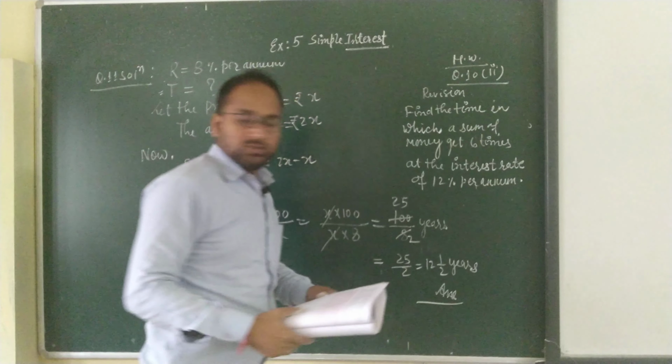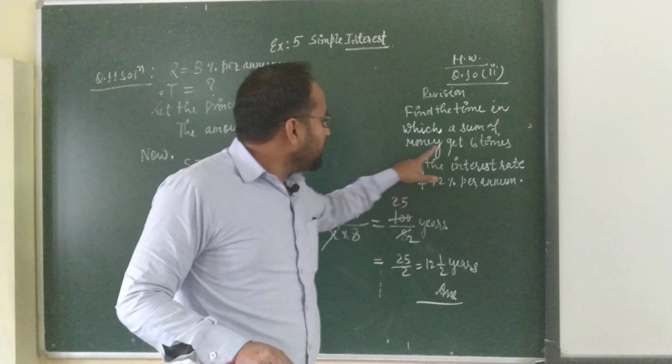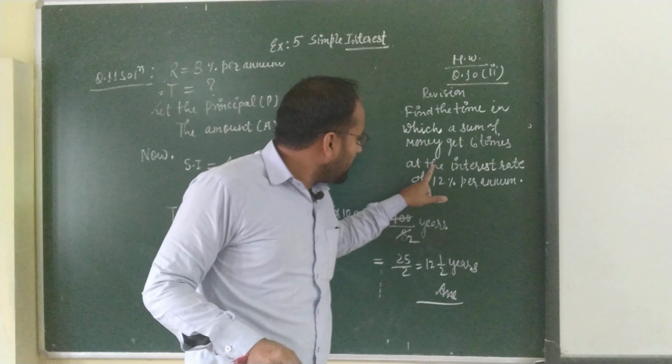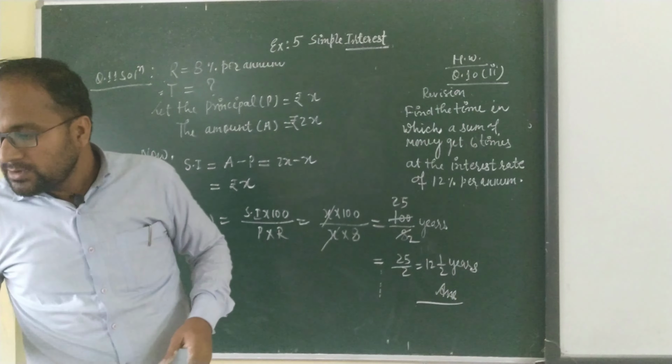So this is your question, students. Find the time in which a sum of money gets 6 times at the interest rate of 12% per annum.